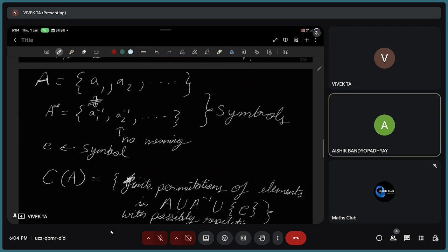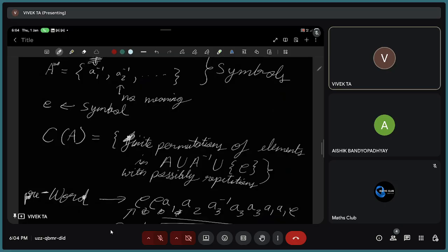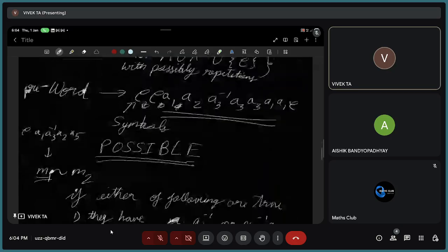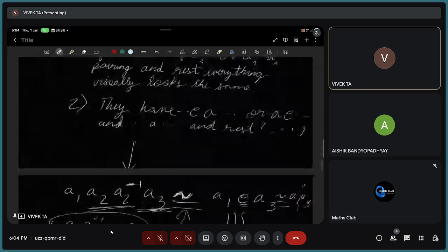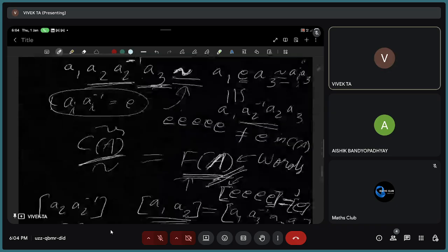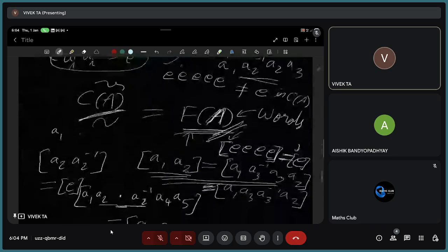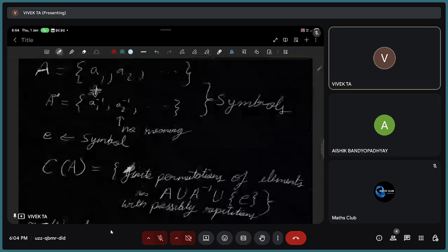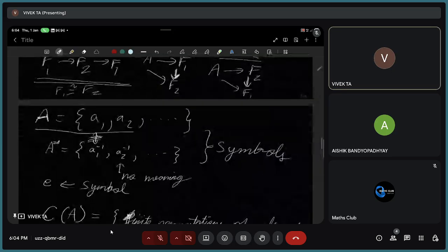Then we gave it a meaning here by defining this equivalence relation. So now we have a relation between A1 and A1 inverse. These are two independent things. Now we made a relation between them that they are inverses of each other. So till here we had no knowledge of what A inverse is.